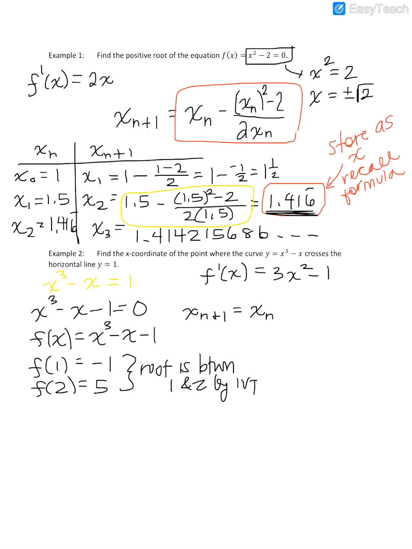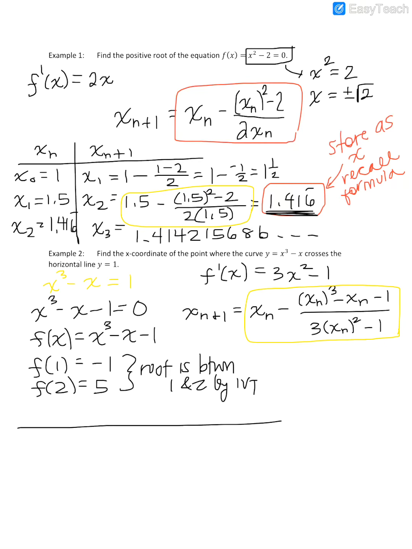So it's going to be x sub n minus my original equation, x sub n cubed minus x sub n minus 1, and then on the bottom I have my derivative equation. So this is what I am typing into my calculator, and then my guesses are going to be stored each time as I go.